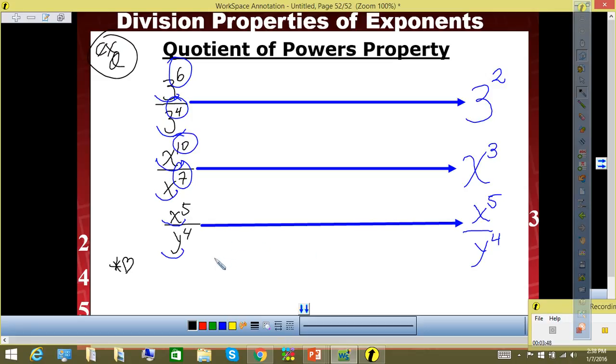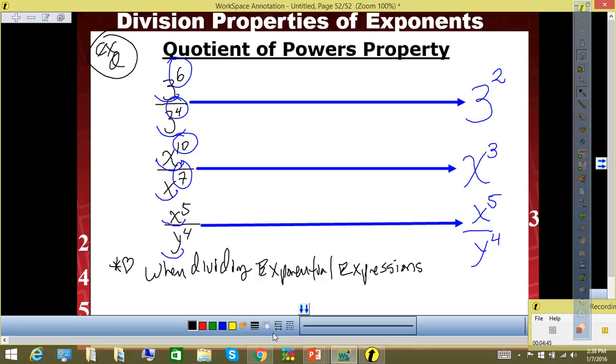Yesterday, we started our definition for multiplication by saying when multiplying exponential expressions. So today, how would we start our definition for division? When dividing exponential expressions... what do I write next?